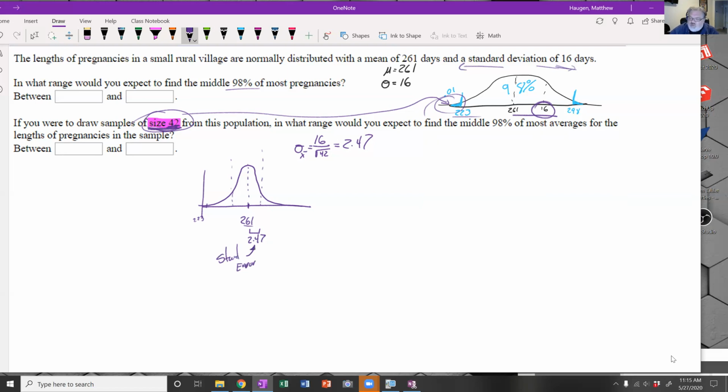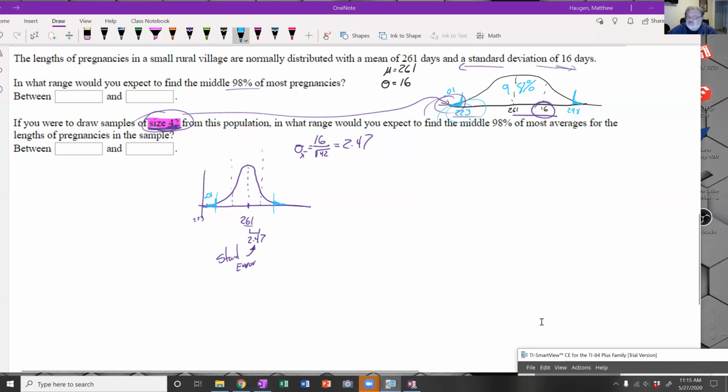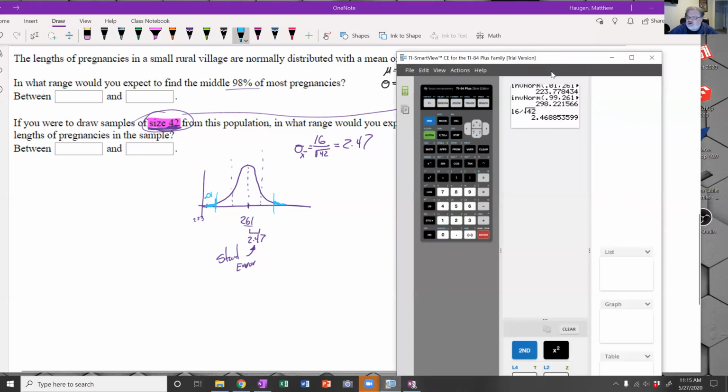So when we want to find where the middle 98% is for that, that bottom 1% of sample size 42 isn't going to be 223 anymore. It's going to be much, much further in. And the 298, we're never going to get averages way out there. That top 1%, it's going to be, again, much, much tighter. Again, how much tighter? Well, let's do the math and find out.